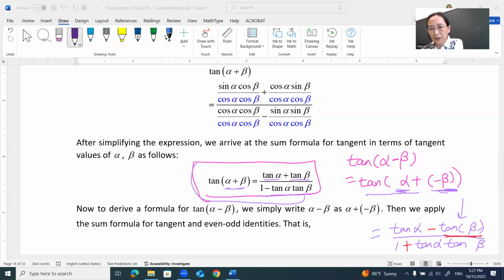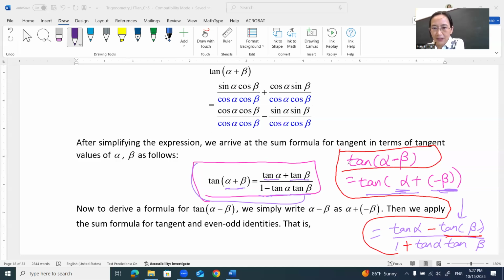So you see, we have arrived at a formula for this tangent of a difference. You see, tangent for a sum with a sum in the numerator, minus in the denominator. Tangent for a difference with difference in the numerator, but plus sign in the denominator.